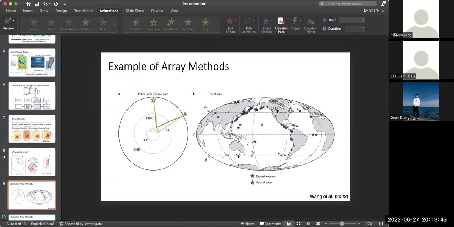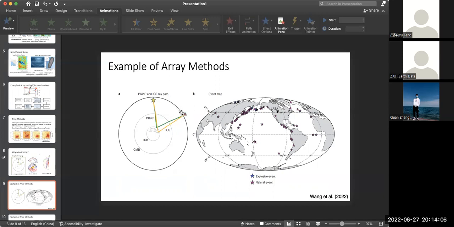So figure 1A shows the seismic phase and their ray path. When there's a pair of events and the station, you can see this is the event and the station. The length of the great circle path is constant.